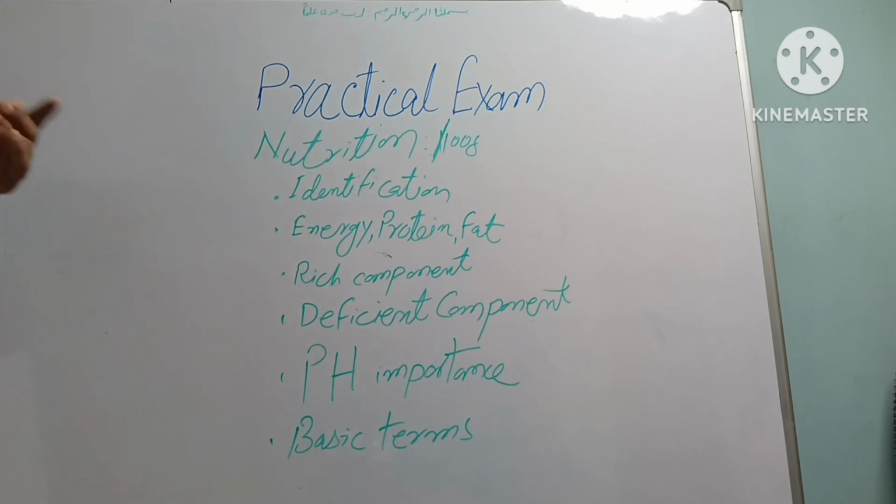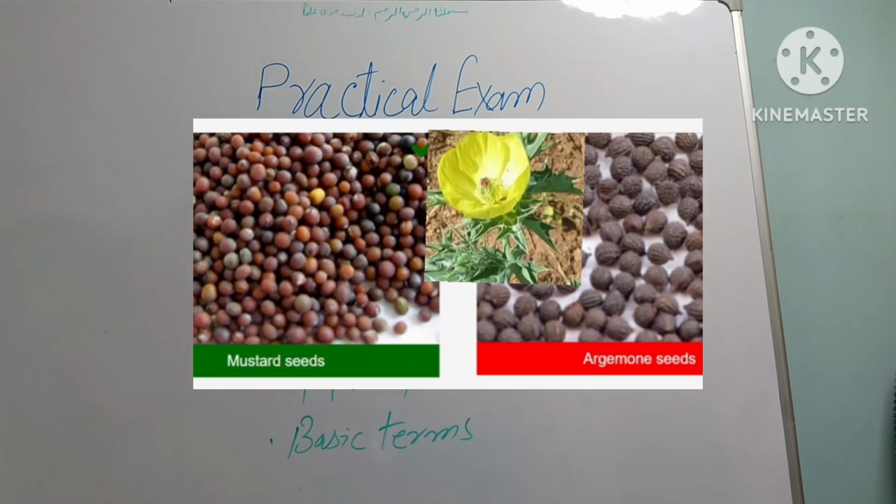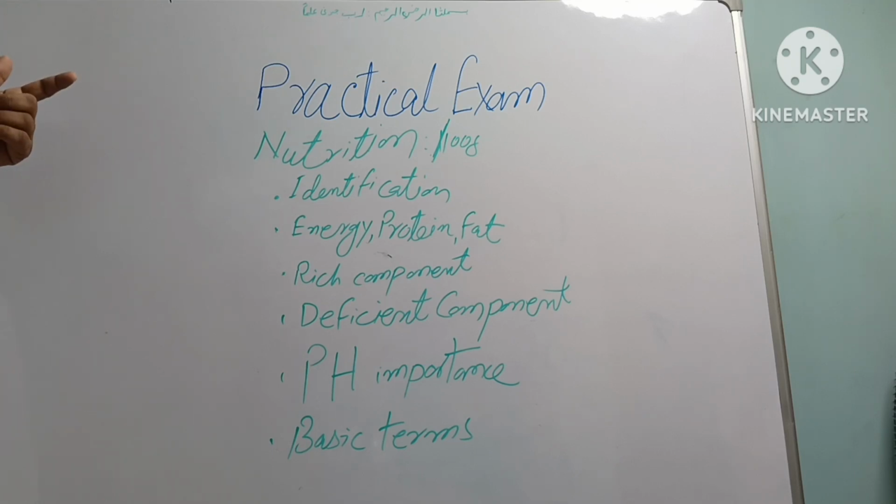Normally it is asked, so you have to identify the given spot correctly, whether it is Bengal gram, red gram, rice, either milled or polished rice, groundnut or something else, whatever may be the case. Then what is asked next is the energy, protein and fat content may be asked. So you have to focus on each of these.